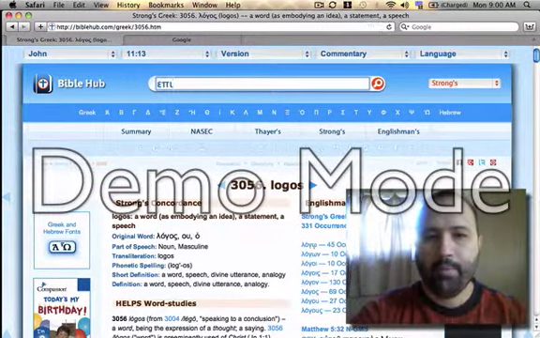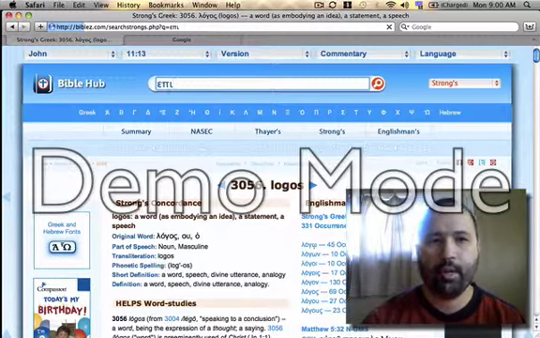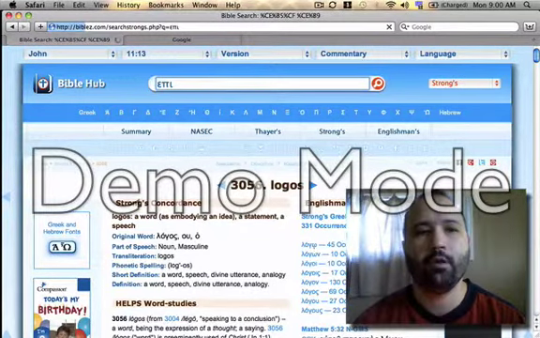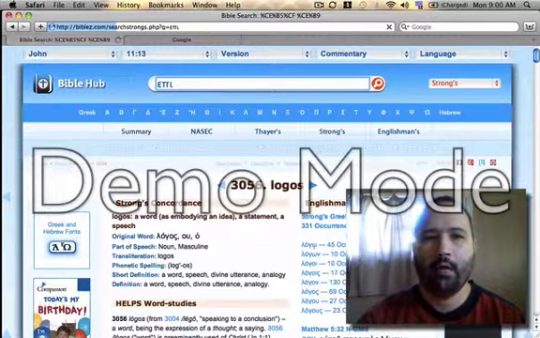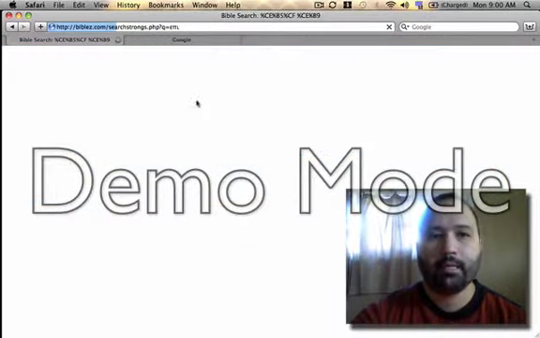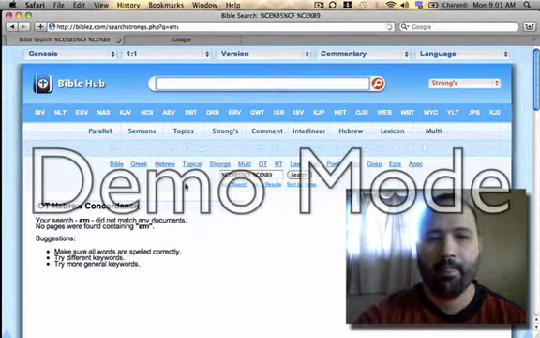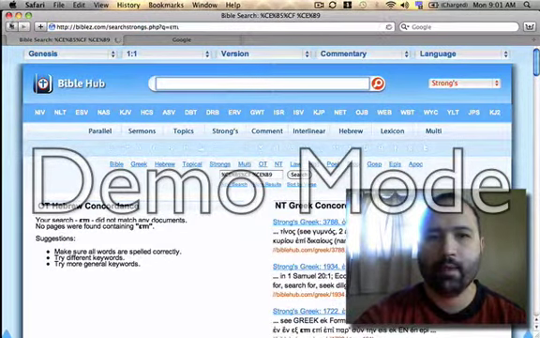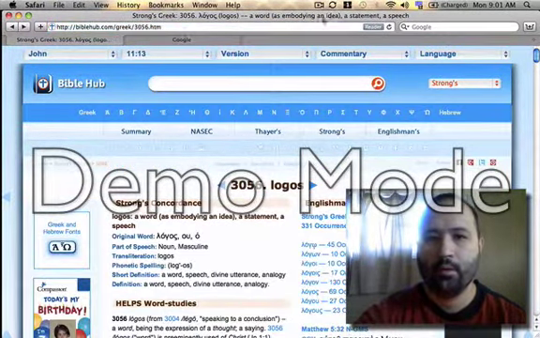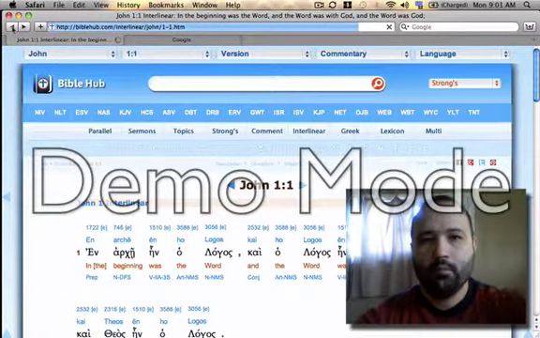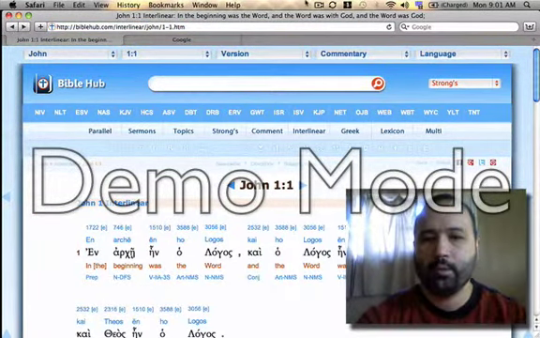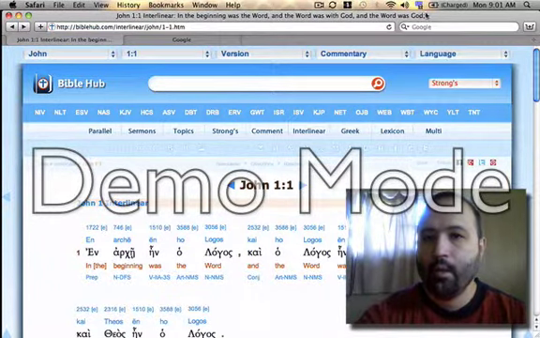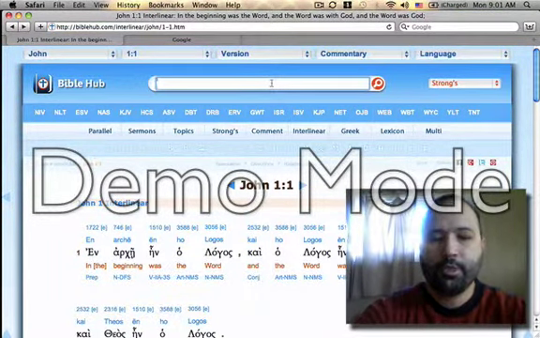For example, put in epi. It should bring it up if you type it this way, but I think you may have to use the marks of accentuation. So you're going to put that in there, and it's going to pull it up. There are certain ways to find that out and type that in, but just put its English translation.